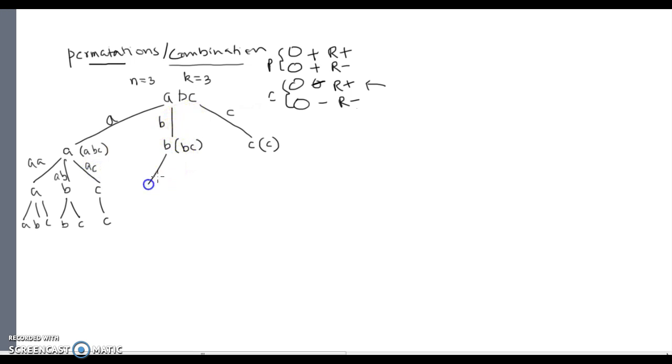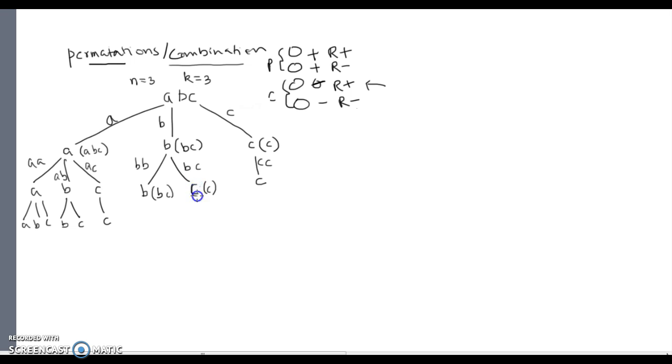Like we saw earlier, B can give us another B or another C, and the choice for C is just C. Because I can choose B again, and for C, I can only choose C again. So this is a branch CC, this one is a branch BB, and this one is a branch BC.